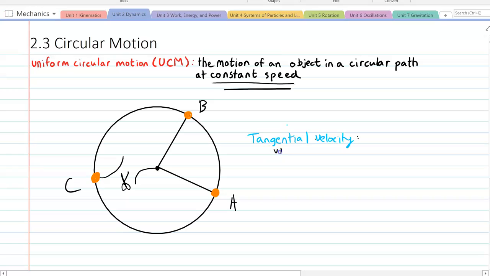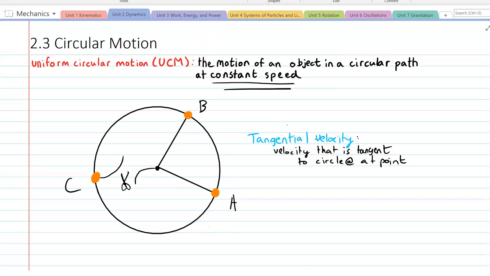It's a velocity that is tangent to the circle at a point. There's no difference between velocity and tangential velocity. We just use the word tangential velocity in this context because it is going to be a tangent velocity.